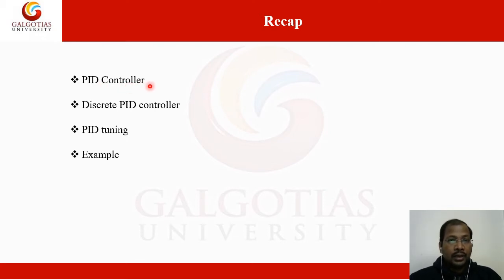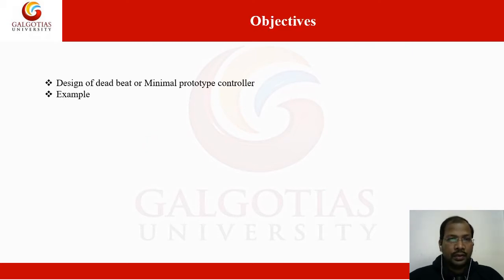After that, we converted the continuous PID controller into the discrete PID controller. We also considered the Ziegler-Nichols tuning methods to tune the PID controller's gains and time constants. Then we discussed examples related to the Ziegler-Nichols tuning algorithms.